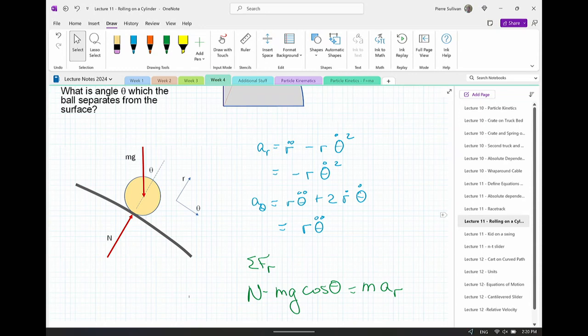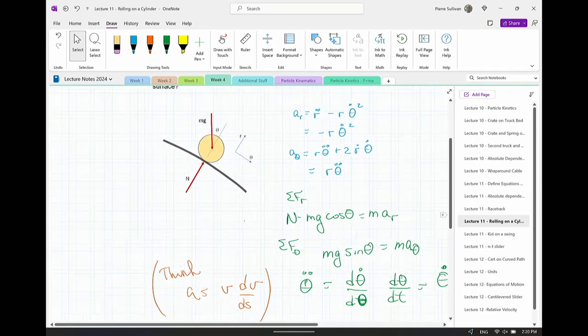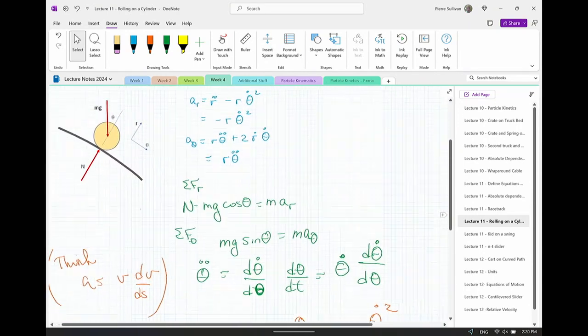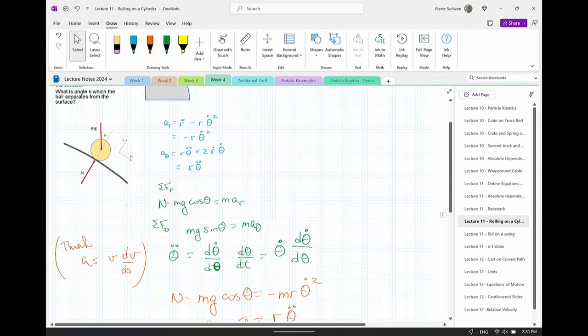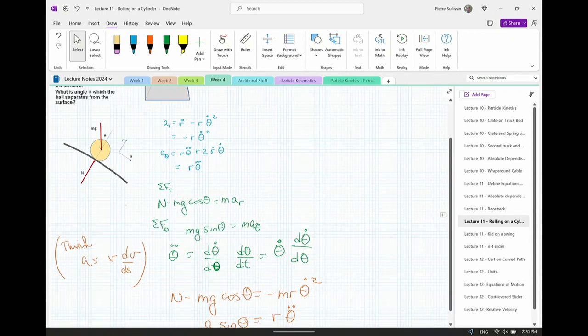But you have the free body diagram, you have the accelerations, and from these accelerations, I can write my standard equations of motion. I have the sum of forces in r and the sum of forces in theta. The sum of forces in r is N minus mg cos theta, equals m a_r. The sum of forces in theta is mg sin theta, equals m a_theta.